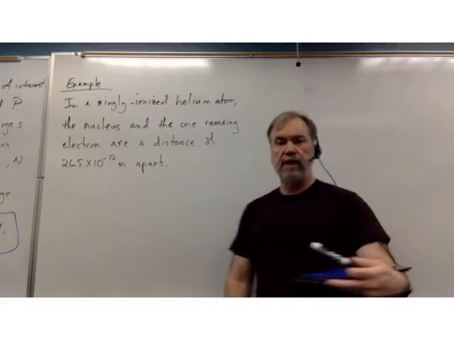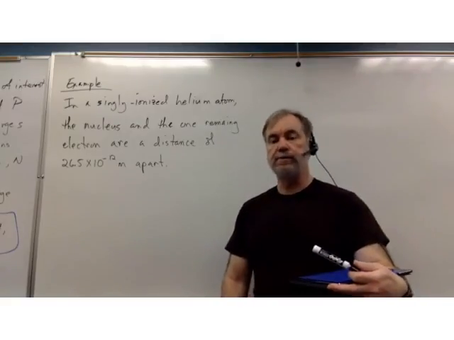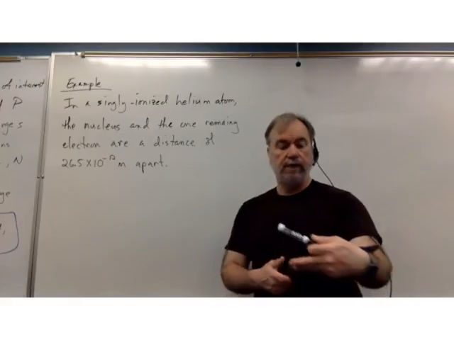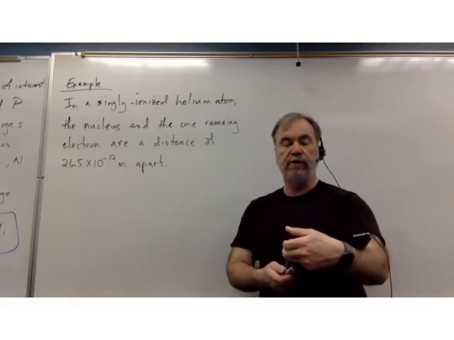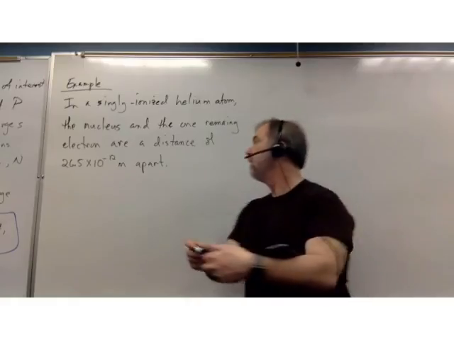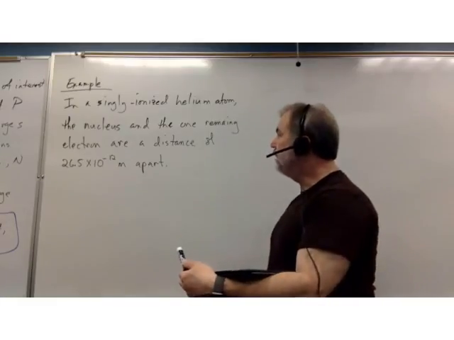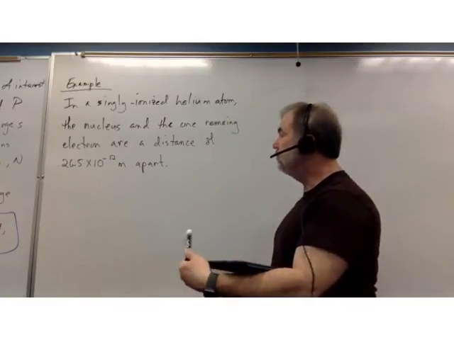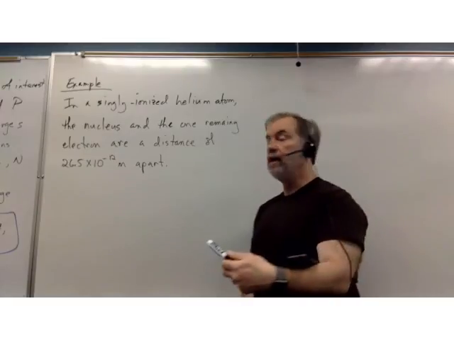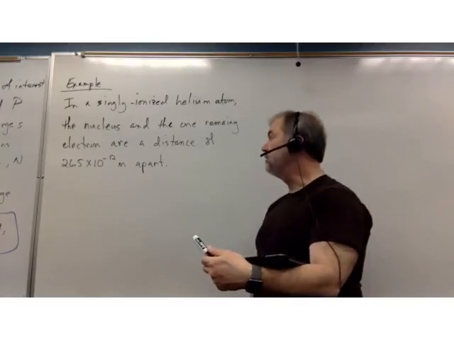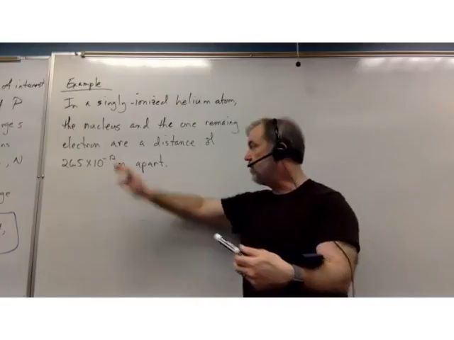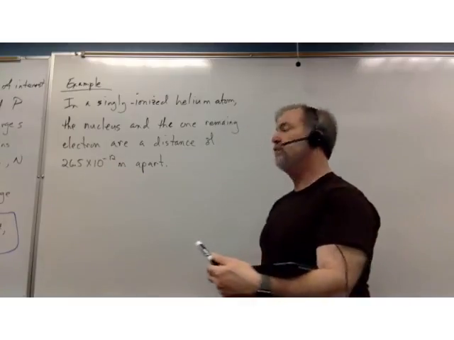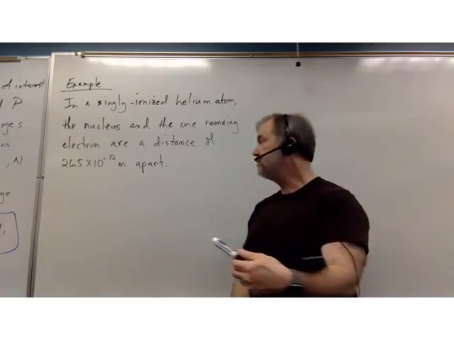The helium also has, I think, 2 neutrons, but neutrons don't have any electric charge, they don't have any electric field, we don't care about them. So we have then 2 positive charges in the nucleus, and then the single electron at a distance from it, as you see, 26.5 times 10 to the negative 12 meters.